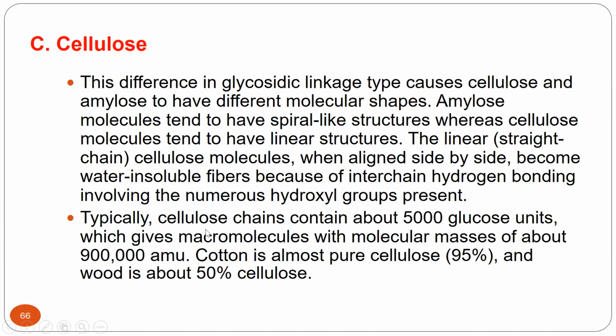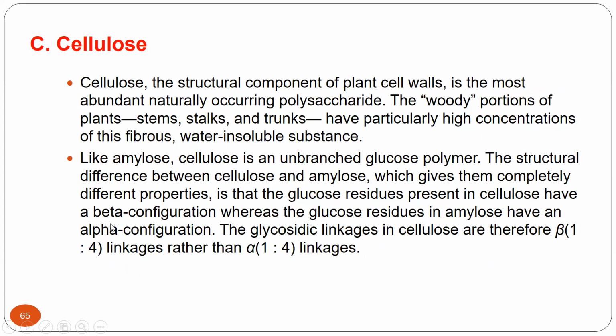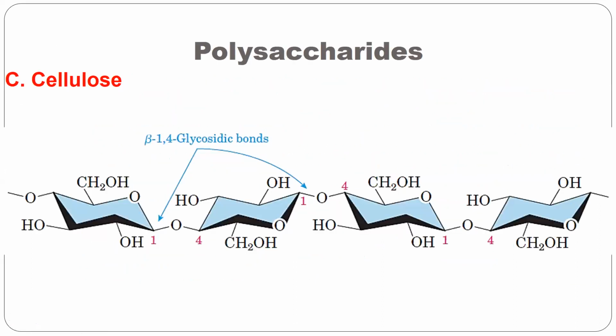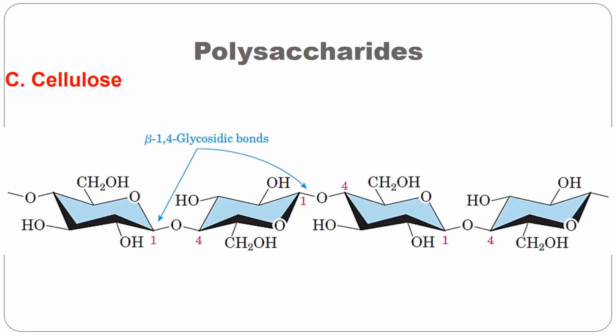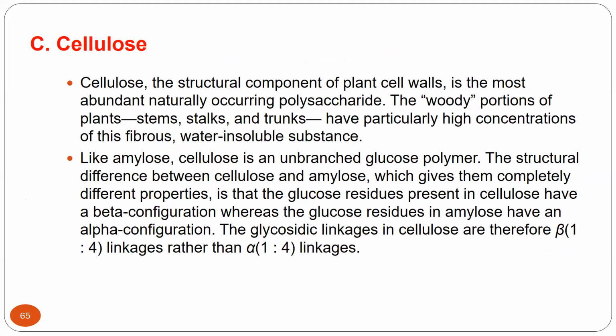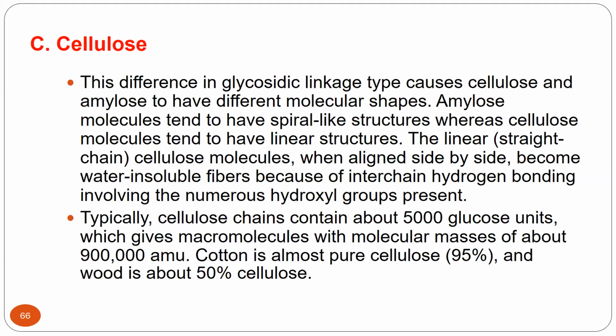Okay, so cellulose chains contain usually about 5,000 glucose units, which gives maximal cellulose masses of about 90,000 atomic mass units. Wala branching in cellulose.